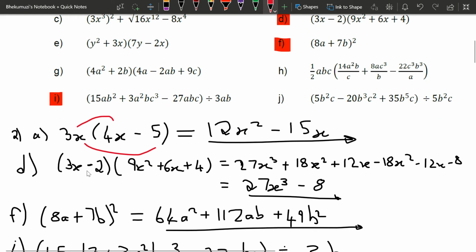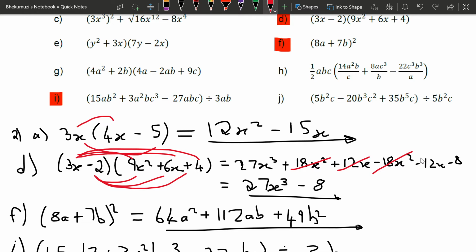When we multiply this in, it means that we take 3x and multiply it with all the terms in the second bracket, and we take minus 2 and multiply it with all the terms in the second bracket, right? And this is the expansion that we get. Once we find the expansion, we find that 18x squared will cancel with minus 18x squared, and 12x will cancel with minus 12x, right? And then you'll only be left with 27x cubed minus 8.